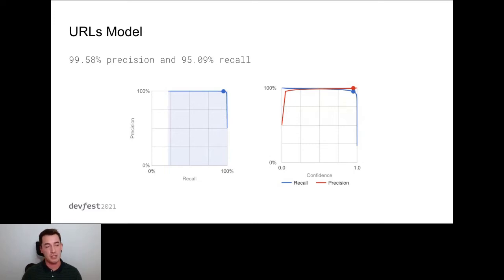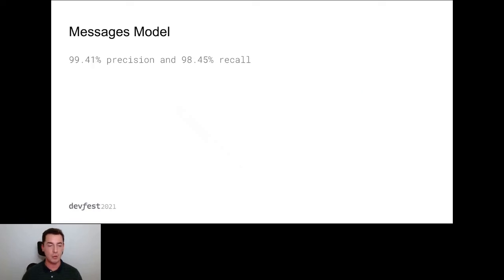A high precision model produces fewer false positives, whereas a high recall model produces fewer false negatives. Both of these are very important for us, just because by minimizing false positives and false negatives, we'll be able to provide better results.